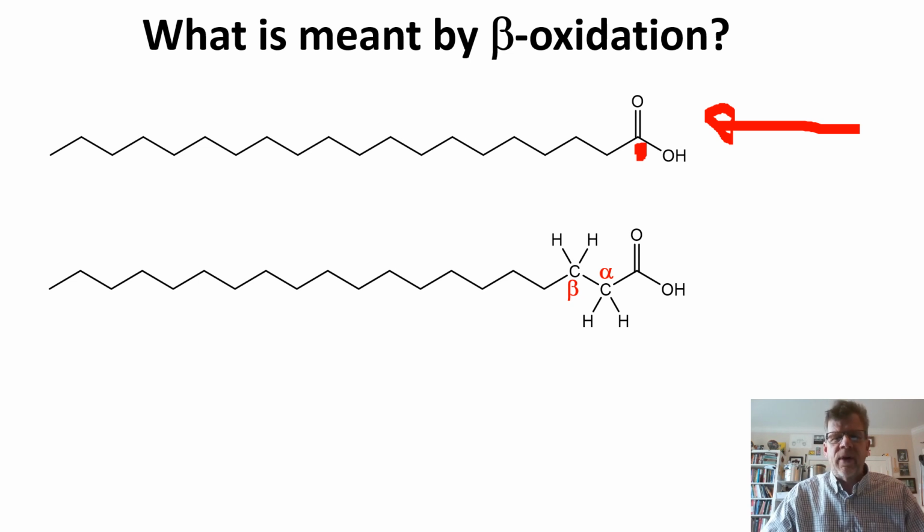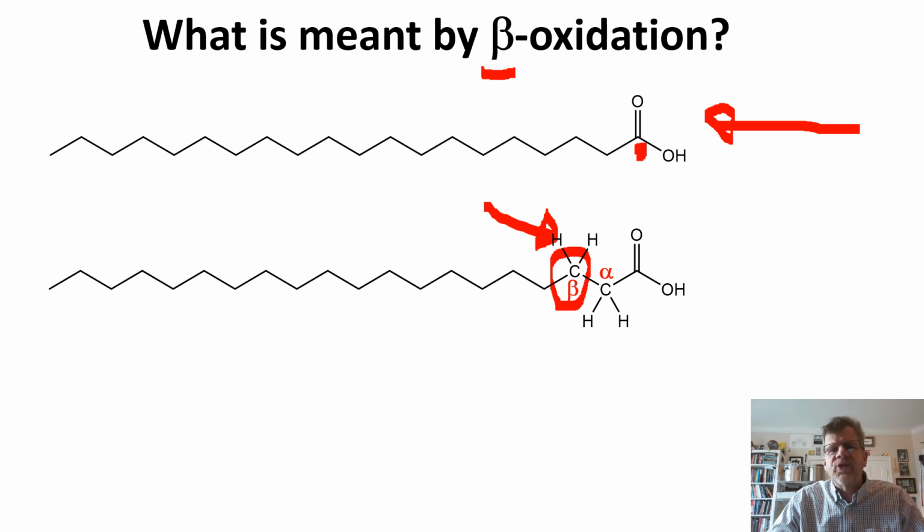Specifically, since alpha is the first letter of the Greek alphabet and beta is the second, it is this beta carbon right here that we're talking about when we look at what is beta oxidation. That beta carbon ultimately is going to become oxidized in this energy-harvesting process.